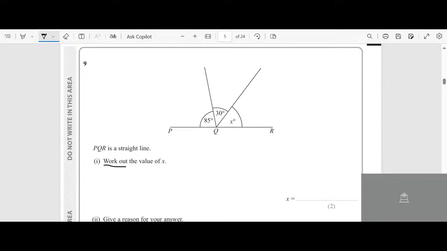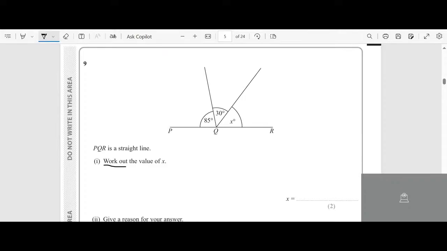By adding 85 and 30. You have calculators, so you're not supposed to be having any arithmetic errors, because sometimes examiners might not excuse that, since the paper allows you to use a calculator.